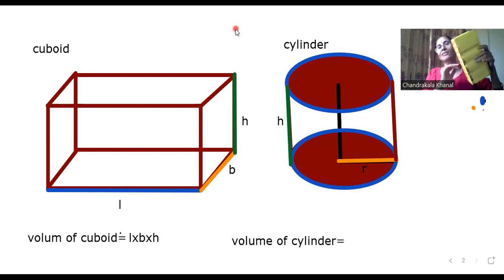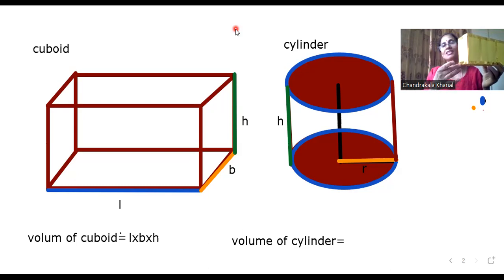This is now in the form of cuboid. When we change this cuboid in the form of cylinder, this length becomes half the circumference of the cylinder. Length of the cuboid becomes half the circumference of the cylinder.